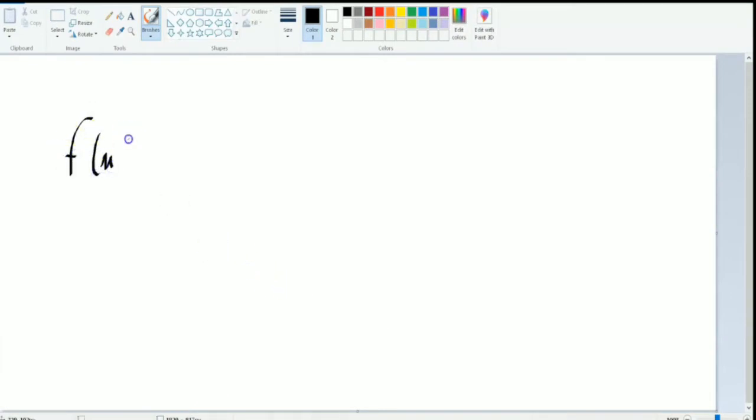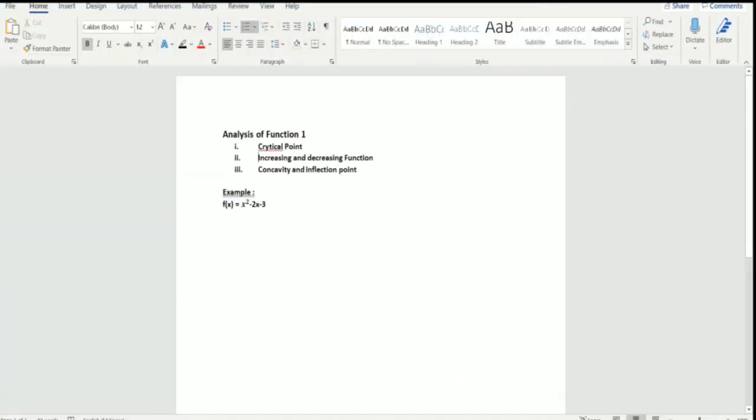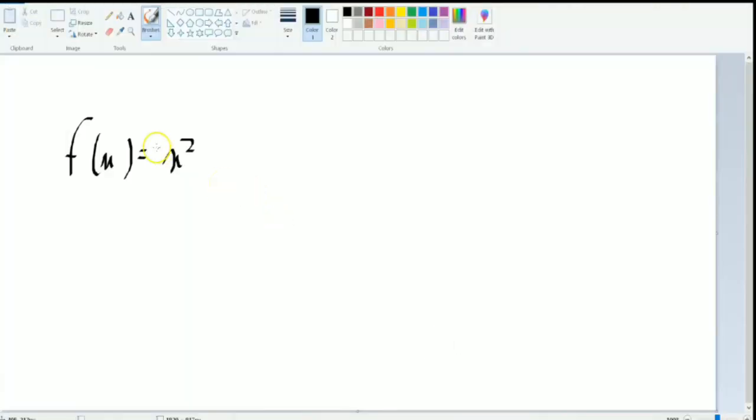f(x) equals x squared minus 2x minus 3. Okay, first, how to find the critical point is we have to find the derivative of function f(x).